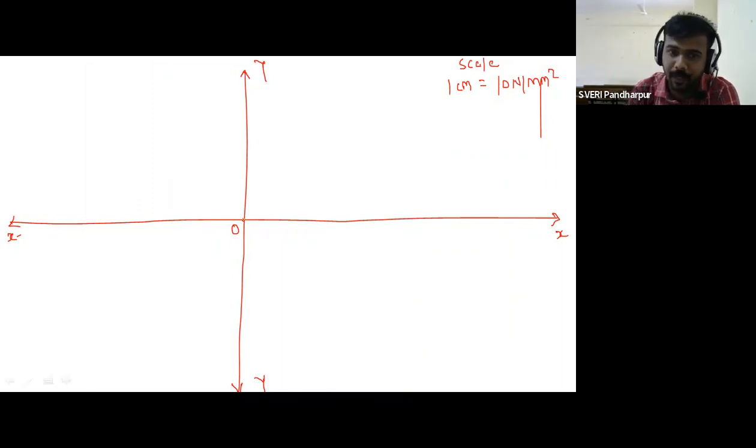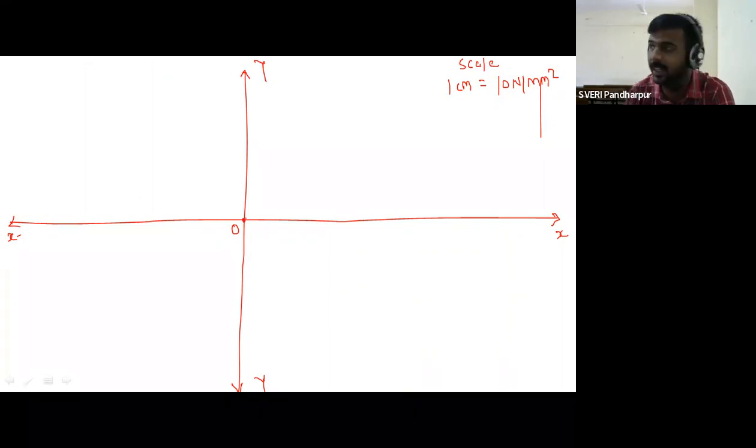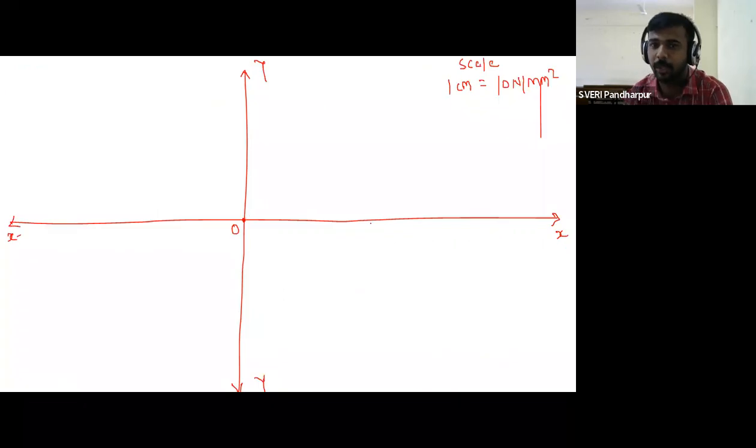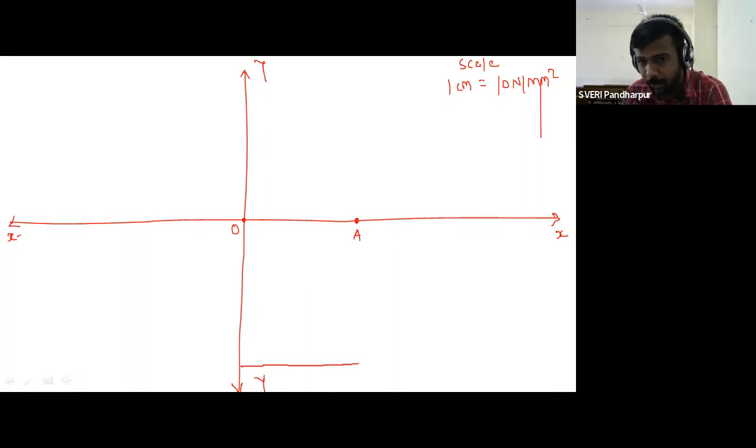So here, the first point we have to represent, that is point A, correct? What is the sigma x value? 70 Newton per mm square, so 7 centimeter. This is positive, so we have to represent at the right side of the origin, for example, like this. So this is your point A, and at the bottom side, I have told in the previous problem, so you have to represent like this.